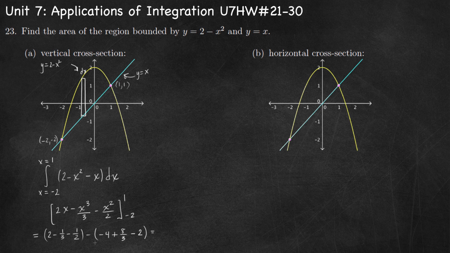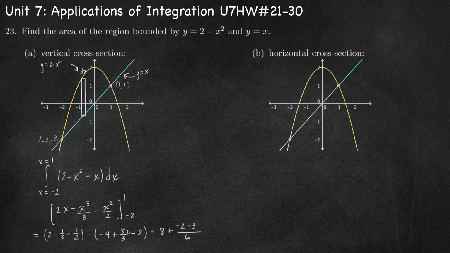Okay, so if we add up all of our whole numbers, we've got 2 plus 4 is 6, plus 2 is 8. I'm distributing the negative there. And then for our fractions, let's do everything out of 6. So the -1/3 becomes -2 over 6. The -1/2 becomes -3 over 6.